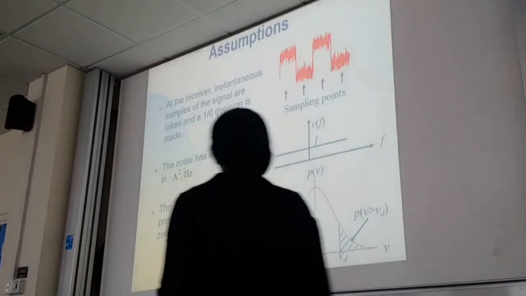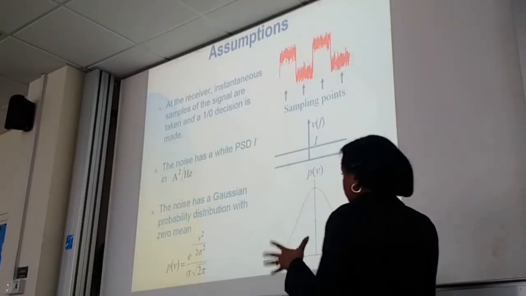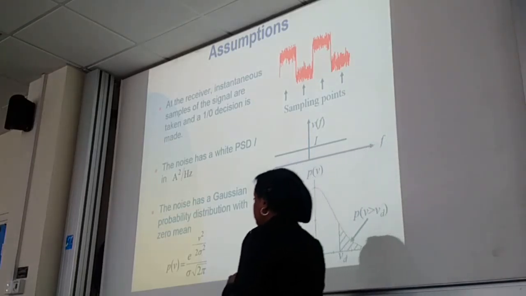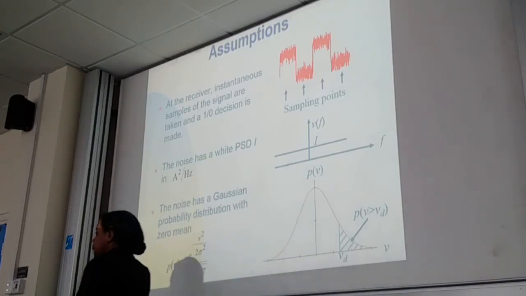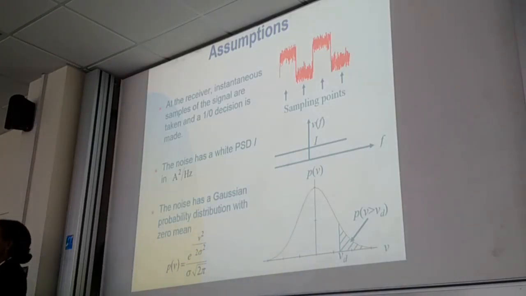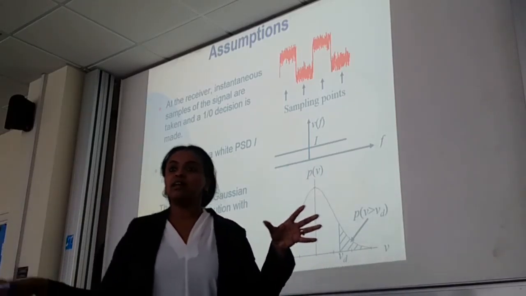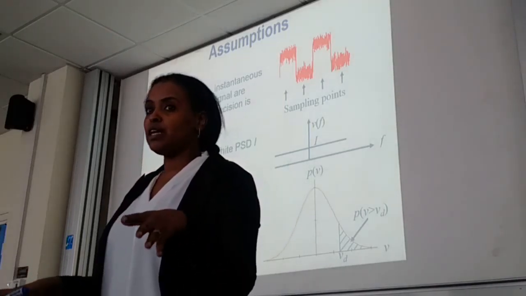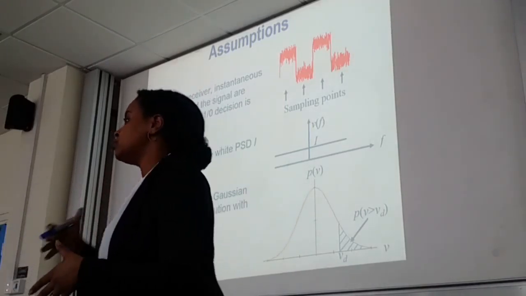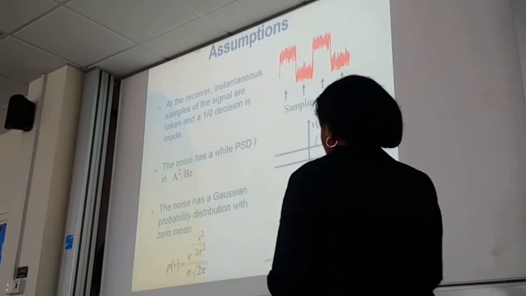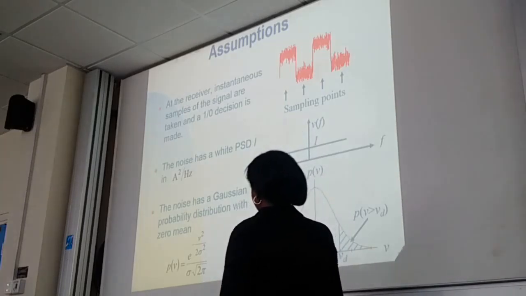So let's first agree on the assumptions that we have. According to the central limit theorem, the sum of different independent random variables with different distributions will converge into a Gaussian distribution. Regardless of the distribution of these random variables, when you add them up, they will converge into a Gaussian distribution with a zero mean.